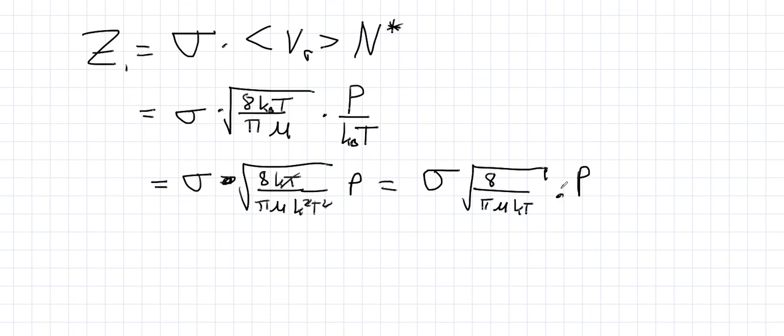And notice the higher the pressure, and what is this the pressure of? This is the pressure of particle 2. Remember, because we were trying to find the number density of the collision partner, which was particle 2. Okay? So this is the partial pressure of particle 2. And this is the collision rate of particle 1 with all the particle 2s.